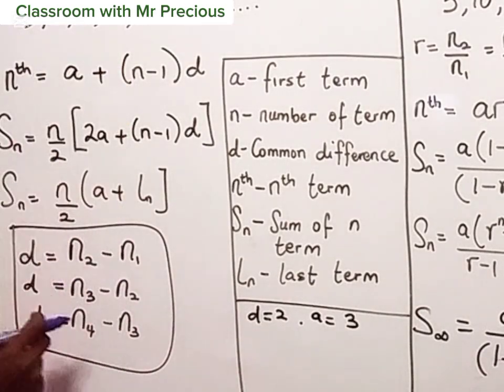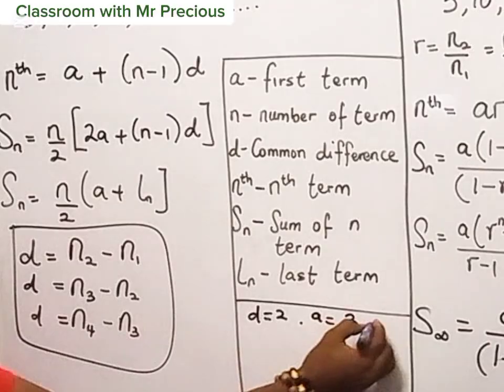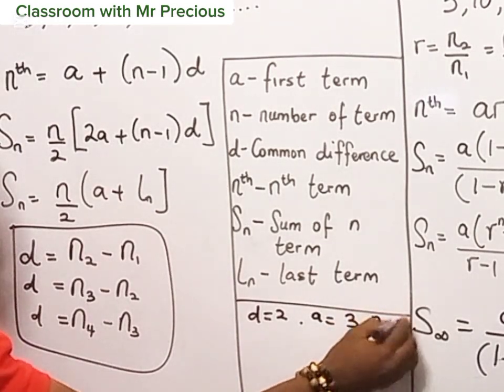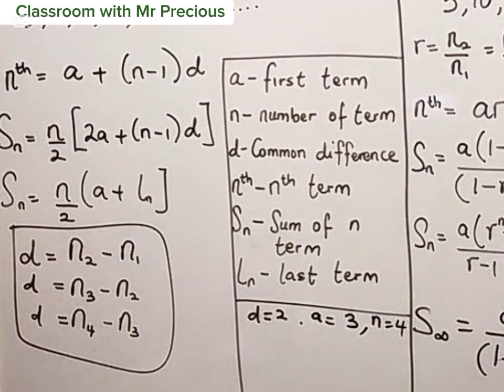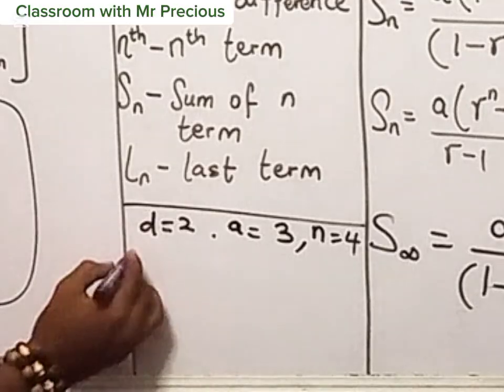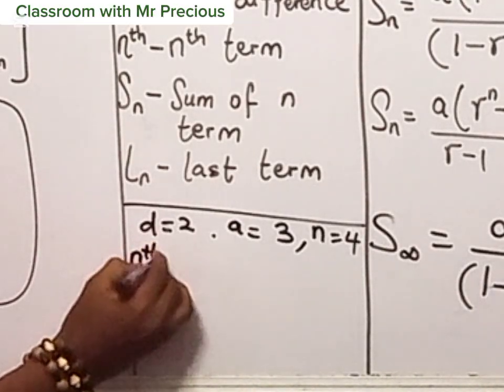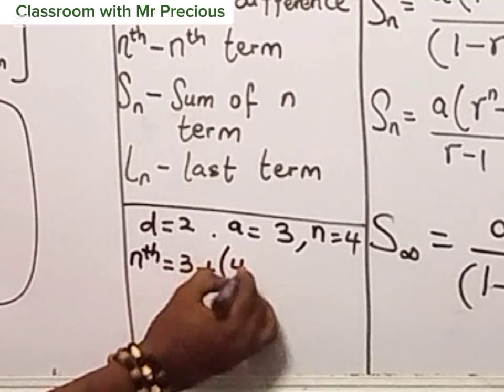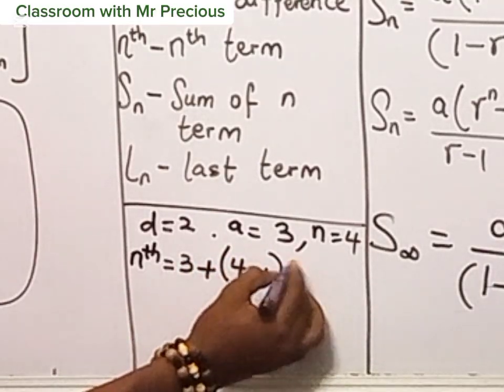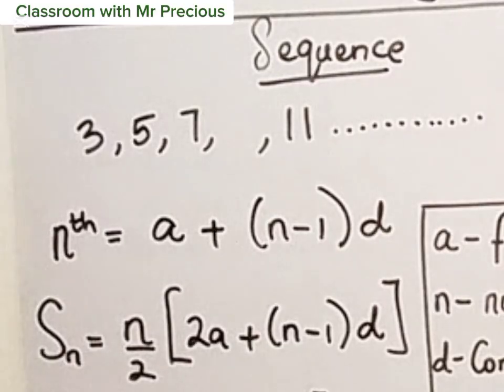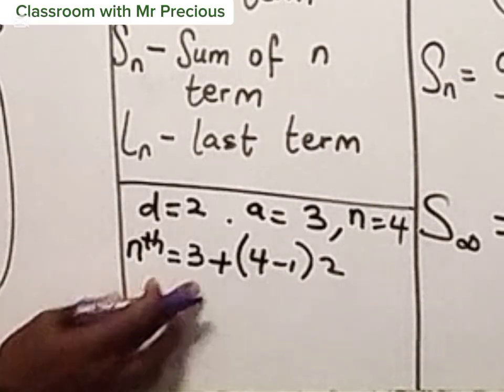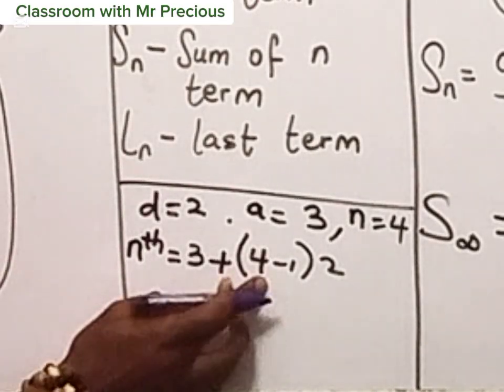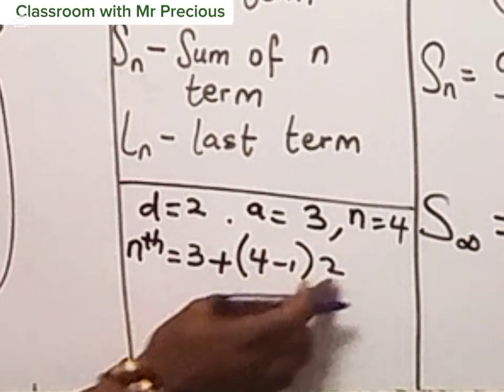So the n which we are looking for is 4. So the term now becomes 3 plus 4 minus 1 times 2, because we know that the nth term is a plus n minus 1 times d.